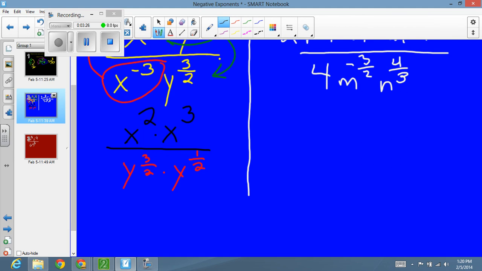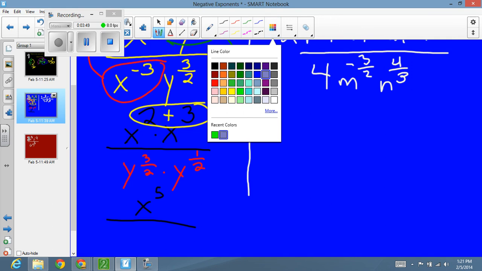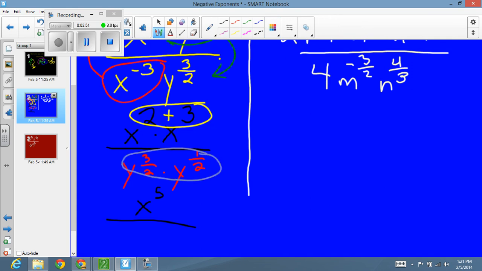Now I can go ahead and multiply these out. Well, in the numerator I have x squared times x to the third. As we just got done previously talking about, whenever I multiply variables, I can add their exponents. So I'm going to add those exponents together, and that's going to give me x to the fifth in the numerator. In the denominator, I'm going to add 3/2 plus 1/2.